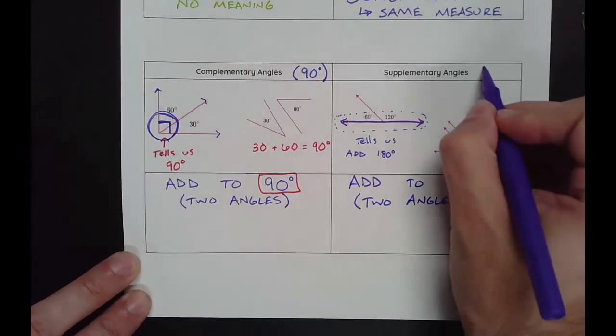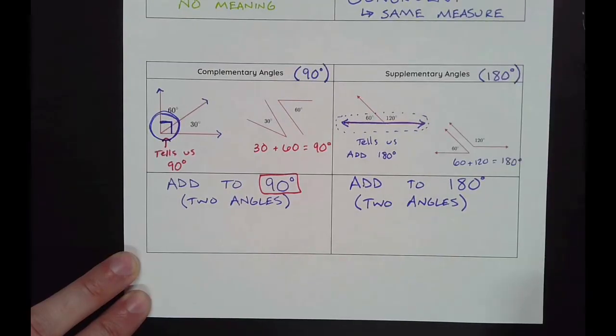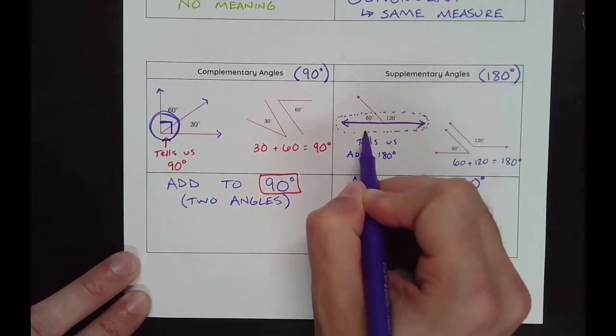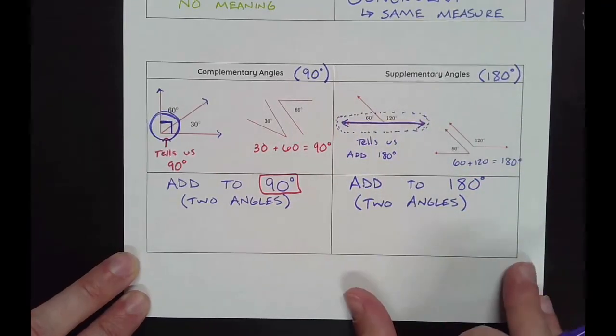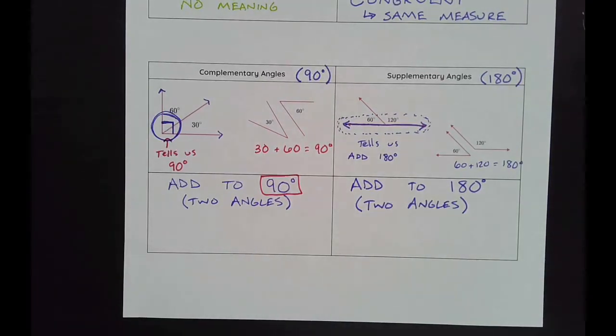Supplementary angles, they are two angles that add to 180 degrees, looking for that straight angle or line, because we know that that is 180 degrees itself. And these are our 4 angle relationships.